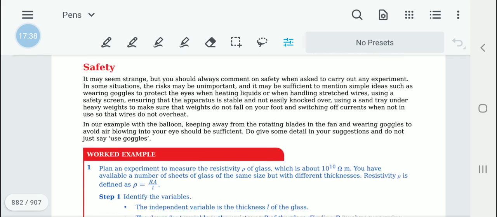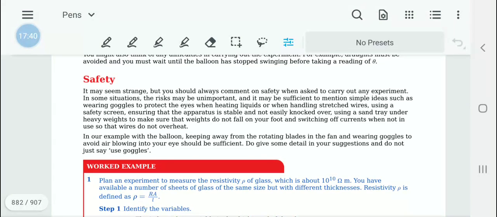Then the final one is safety. Now in this particular experiment, at a realistic level, for an A-level student who has done physics, there is nothing that person would do to cause any harm to herself or someone else.